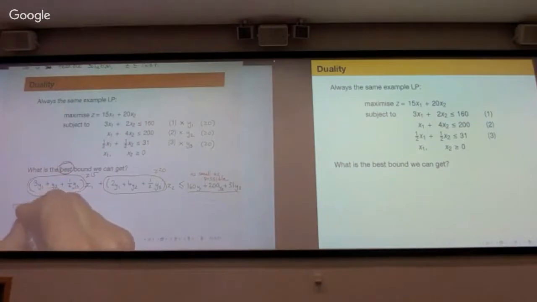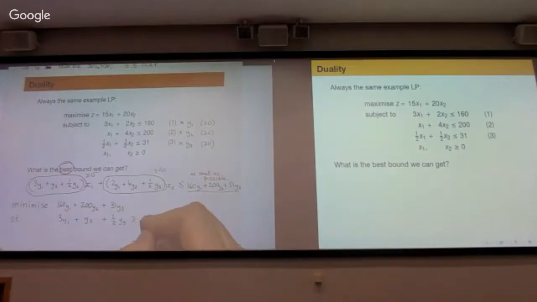And so the best bound we can get using this method, we get by solving the following problem. We want to minimize, because we want to make this as small as possible. So it's 160 times y1 plus 200 times y2 plus 31 times y3. And we need to preserve the constraint that 3y1 plus y2 plus 1/2 y3 should be greater than or equal to 15.